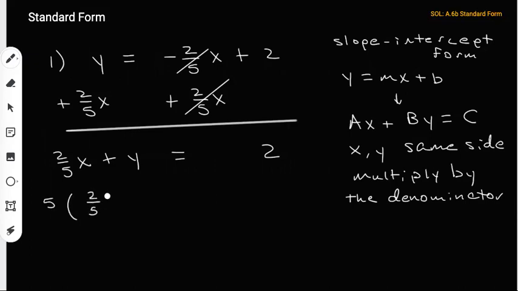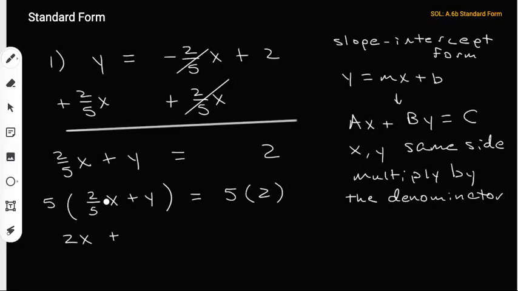So I'm going to put the left side in parentheses like this, and I'm going to put the right side in parentheses and multiply it by 5. Now the 5 and the 5 right here cancel out, leaving me with 2x. I bring down my plus sign.